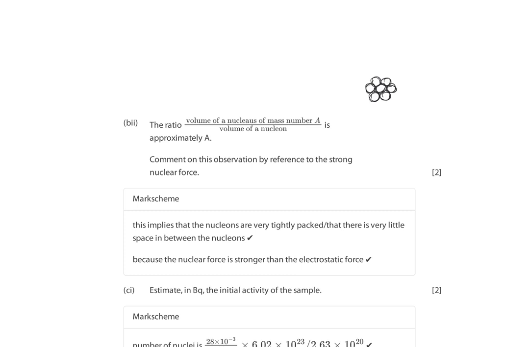And if they're kind of close together, then the volume of a nucleus of mass number A, this would be 7 in this case, divided by the volume of one nucleon is going to be the number of particles that you have. In other words, there's very little space between the nucleons. And if there's very little space, that means that they attract each other very strongly, so the nuclear force is very strong, a very strong attraction.